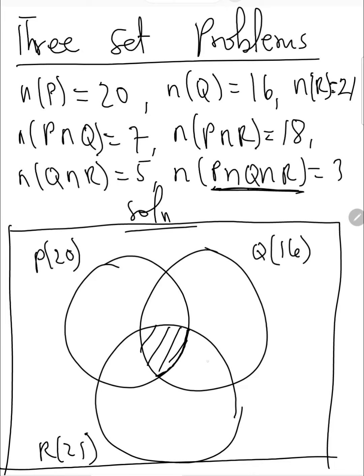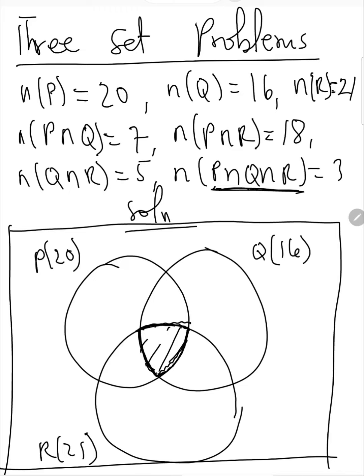We also have part of the circle R, which is this. And we also have part of the circle Q, which is this. So it means all the 3 circles meet at this point. So the shaded portion becomes the intersection of all the 3 circles.